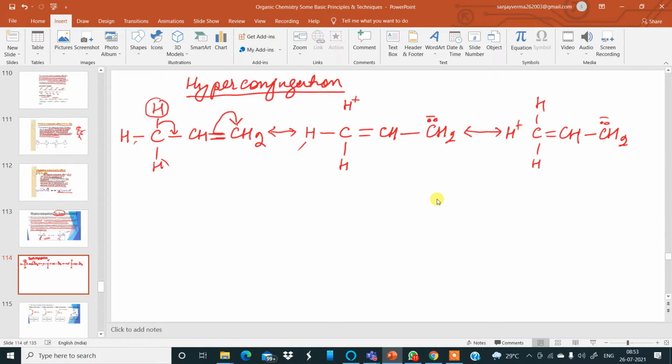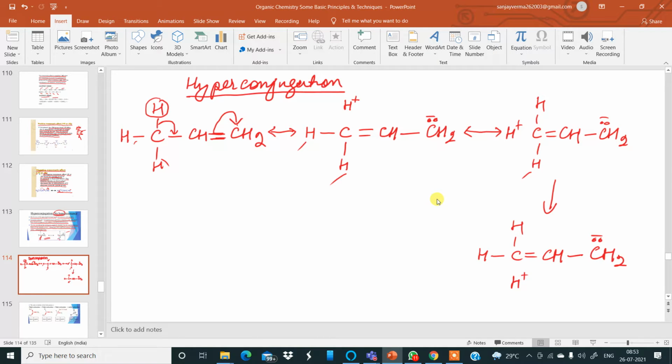Again, I can have one more structure by detaching this hydrogen, so I can have H, C, H over here, H plus, double bond, CH, single bond, CH2 and two electrons and a negative charge. These are the structures from which we can understand the hyperconjugation effect.